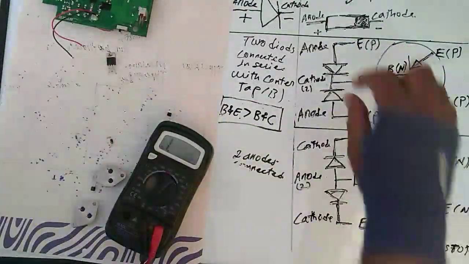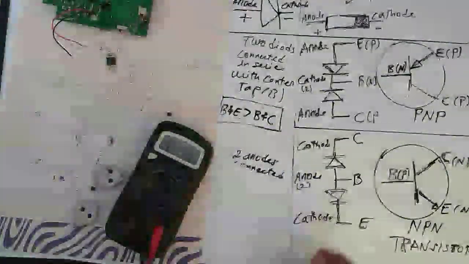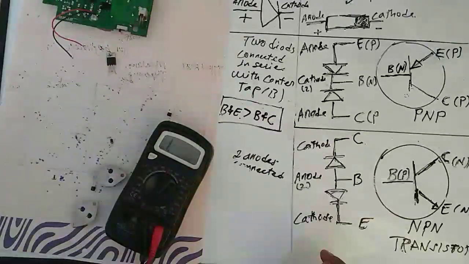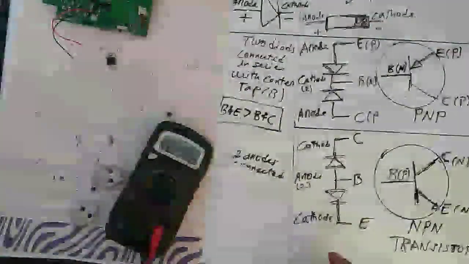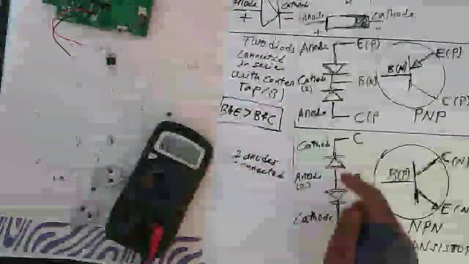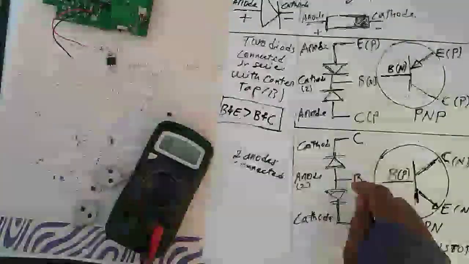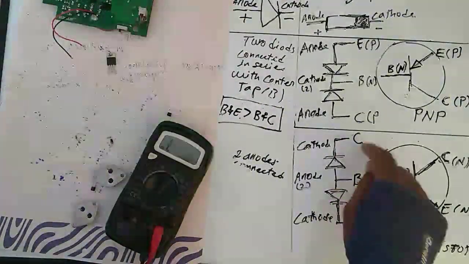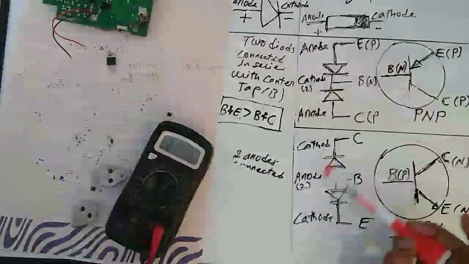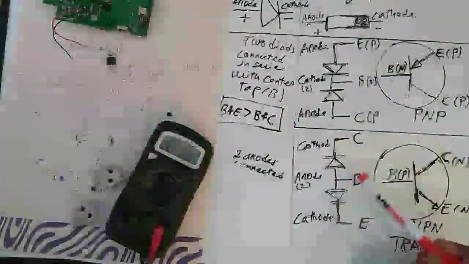I connected two diodes together, two cathodes together, and the other two pins are collector and emitter. For this one, it's the same thing, but I connected two anodes together. The center tap is the base, this one is the collector, this one is the emitter. The same thing applies to the transistor in this configuration.